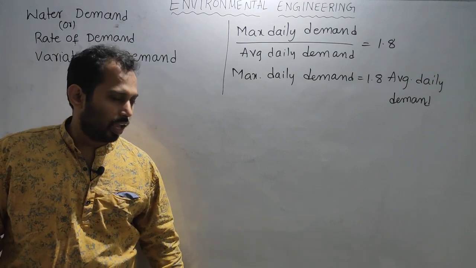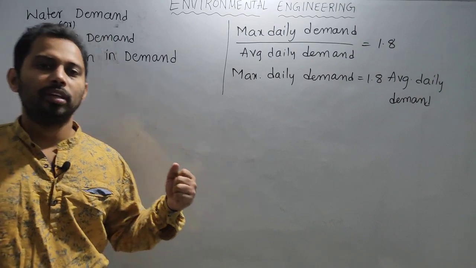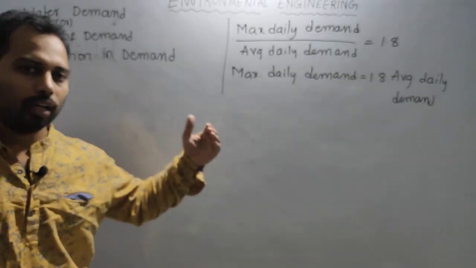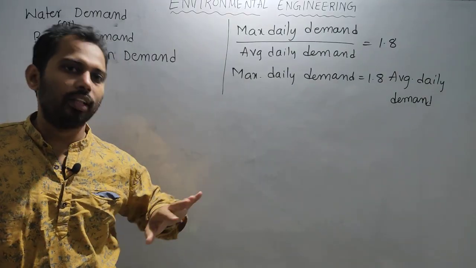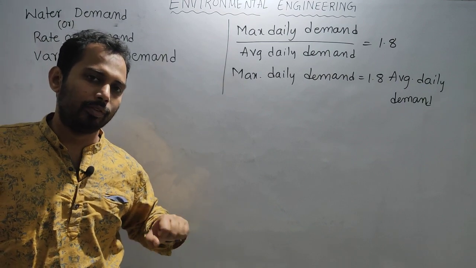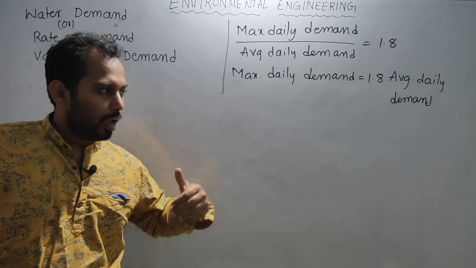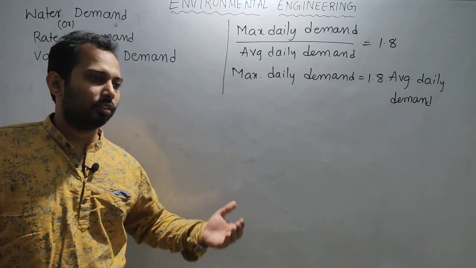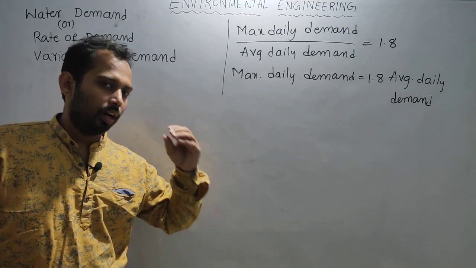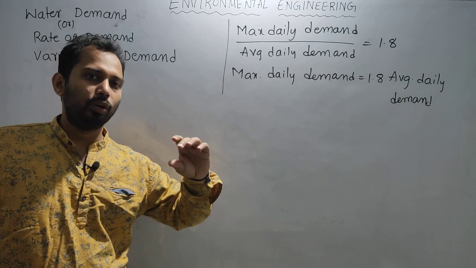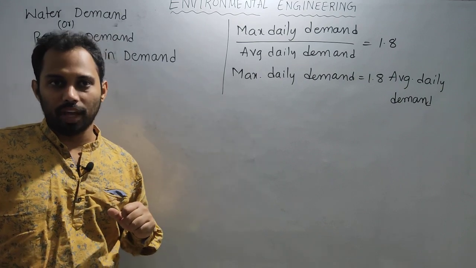But if you are taking an hourly demand, then the fire demand you need to consider inside the hourly demand. Otherwise, you cannot separately add fire demand, because the fire will be present only for a few hours of span of time.